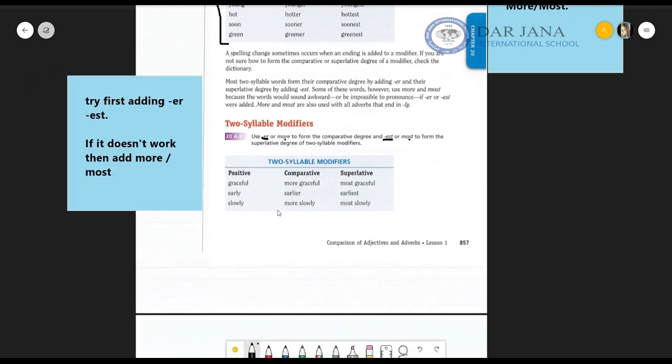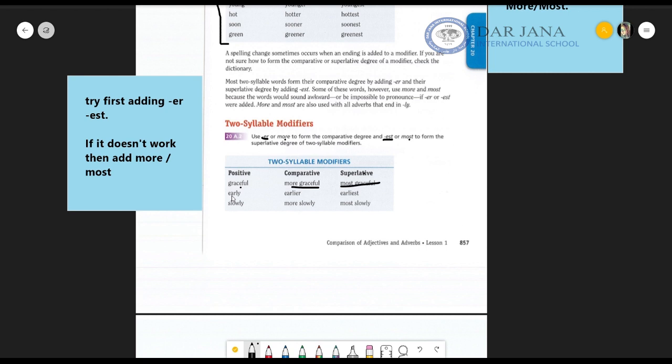So, graceful, two syllables. This means I'm going to first try to add ER or EST. Gracefuller does not exist in English, so I'm going to have to add more graceful for the comparative and most graceful for the superlative.